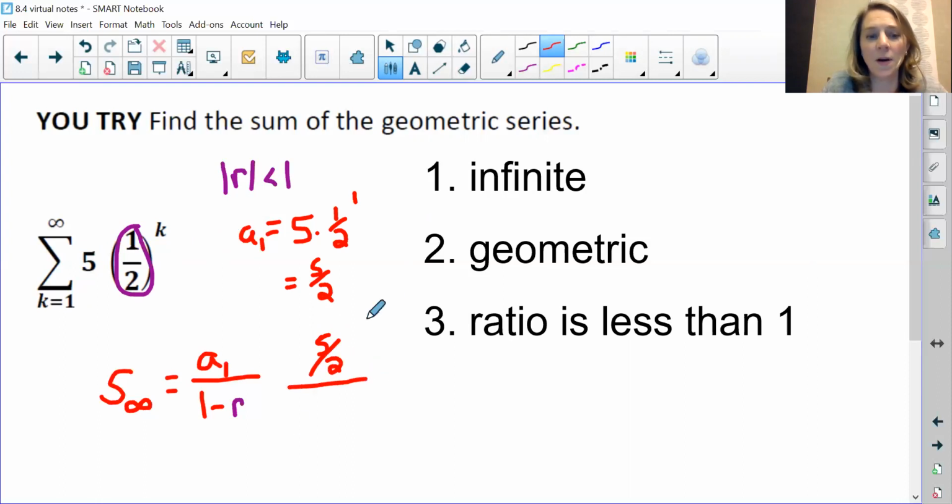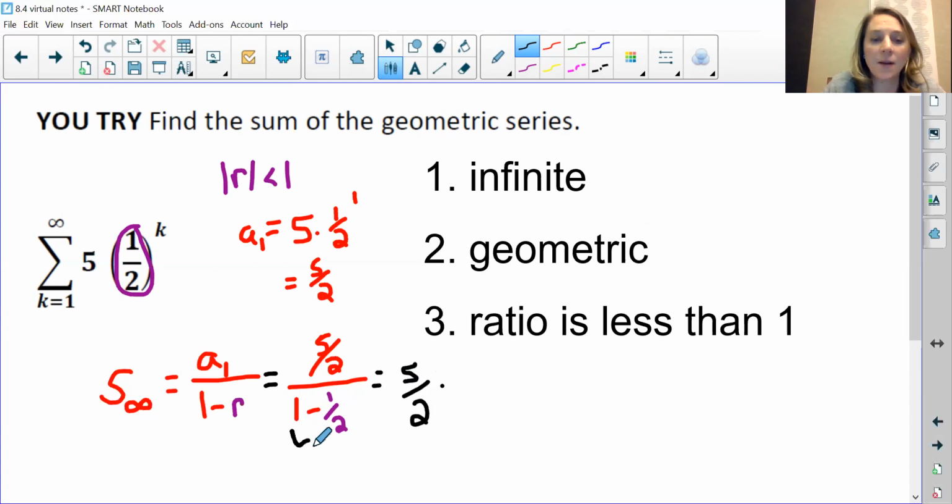And then over 1 minus our rate, and our rate here was 1/2. All right, so then that gives us, keep this going in an equation. That gives us a keep it, change it, flip it. So I've got 5 halves, keep it, change the division to multiplication.